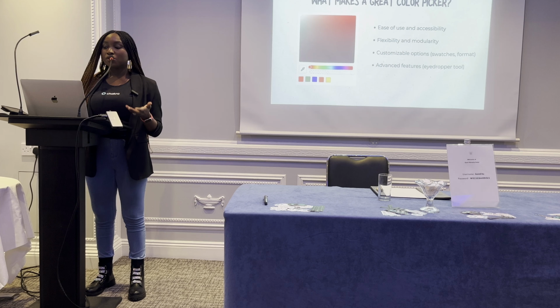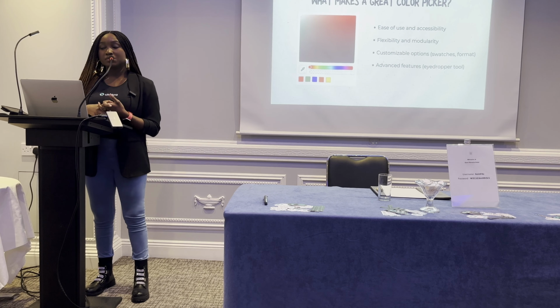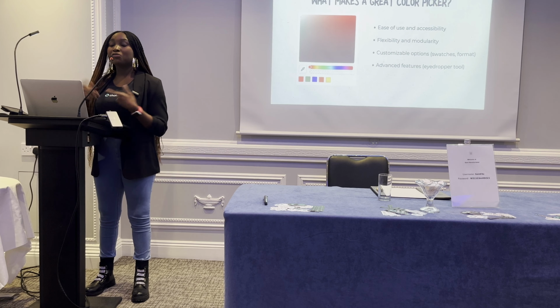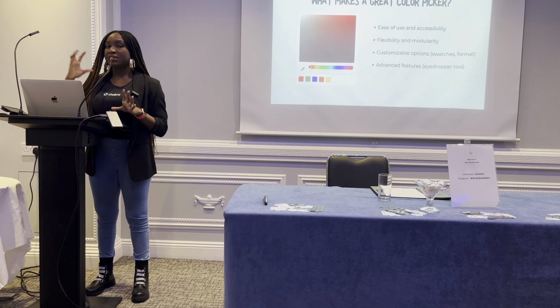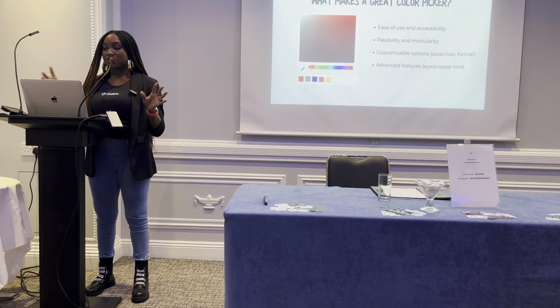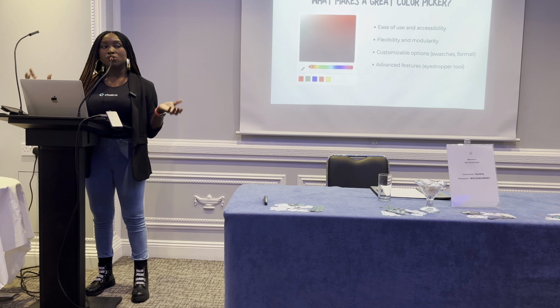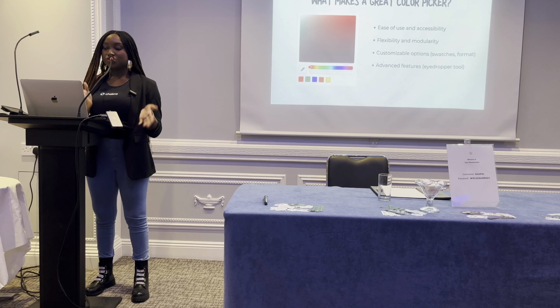You also want to pick a color picker that is very flexible. Different components have different parts, and you want to make sure that the color picker can work in any use case that you have. You can compose different parts of the color picker to fit or match your use case.